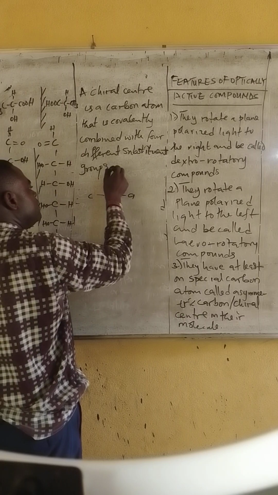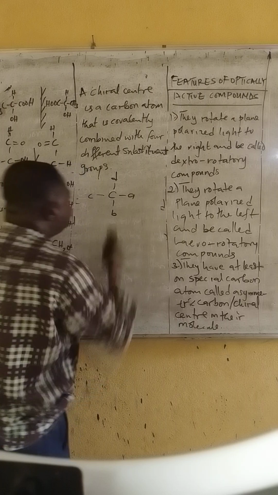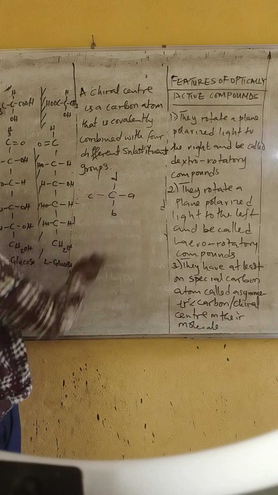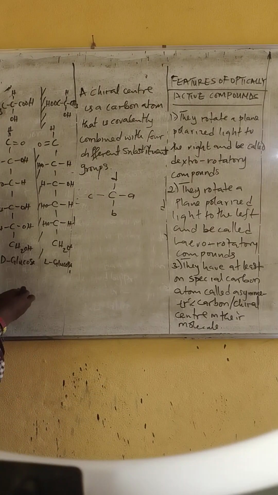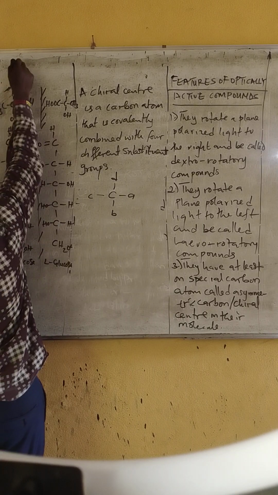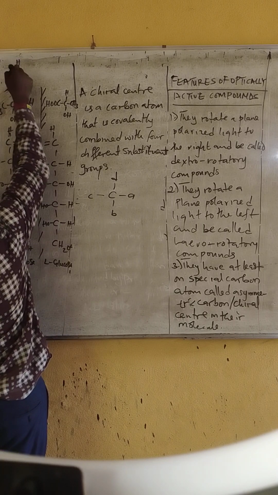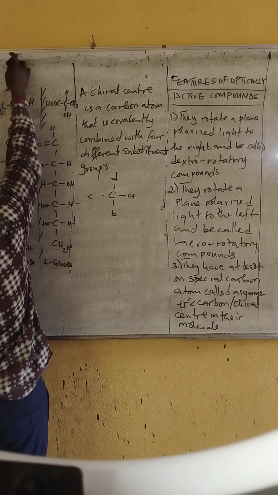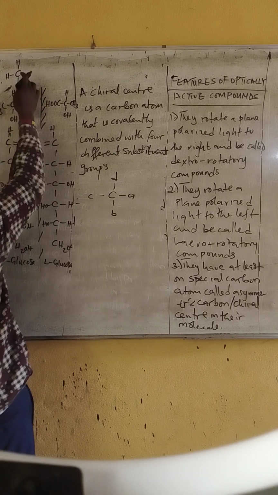B, C, D. No two of these ones around the carbon is the same. Look at this. This carbon is not chiral because it is joined to 3 carbon atoms. You know, another way of writing it is this, CH3. Another one is here. So already 3 of them are the same. So this is not chiral.